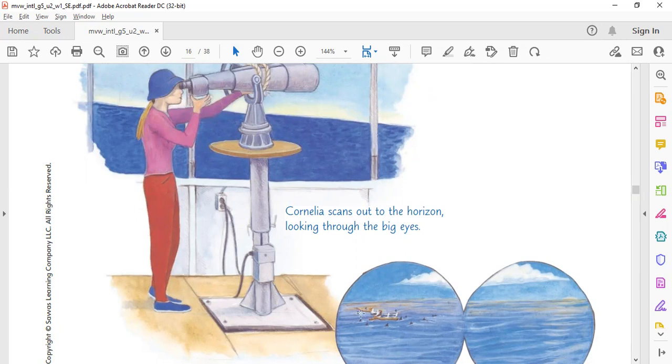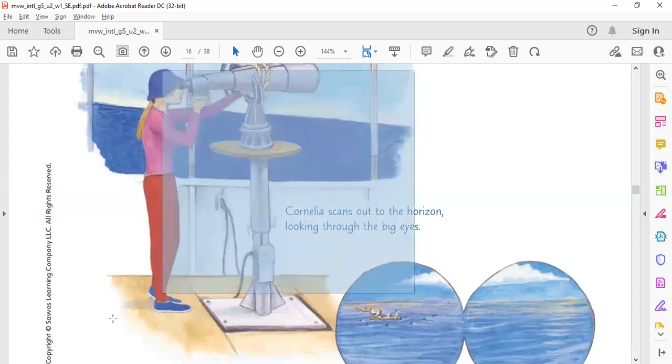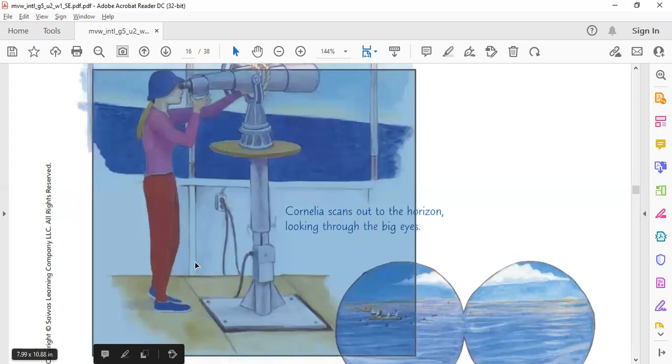This one here, all of this, is a main idea, supporting details, or a text feature?